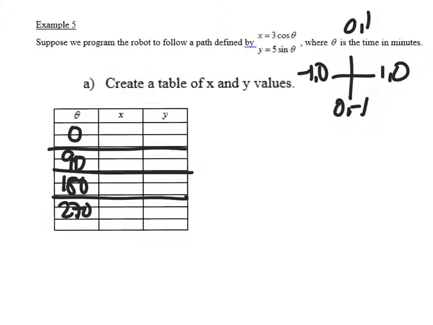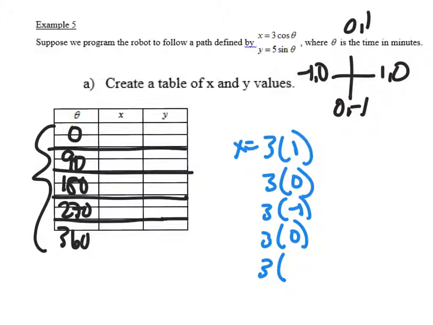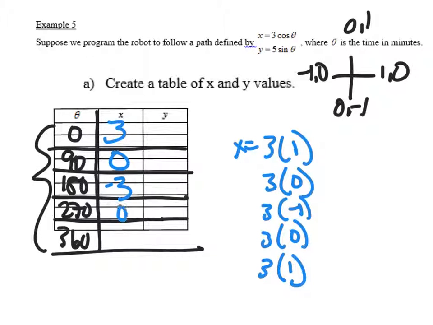So that way, when I do x equals 3 times cosine, cosine at 0 is 1, cosine at 90 is 0, cosine at 180 is negative 1, cosine at 270 is 0, and cosine back at 360 is 1. So we want to always go from 0 to 360 because I just want to be able to have a complete closed graph. So that's going to give us 3, 0, negative 3, 0, 3.